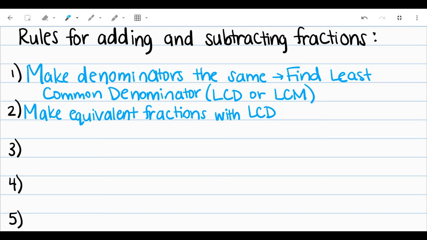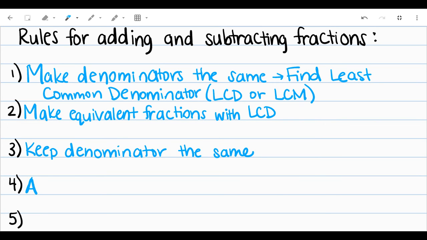Once we've made those equivalent fractions, we've turned both of our fractions into new fractions with the same denominator. We're going to keep the denominator the same. We're going to change both fractions to have the same denominator. Then we're going to keep the denominator for the answer.